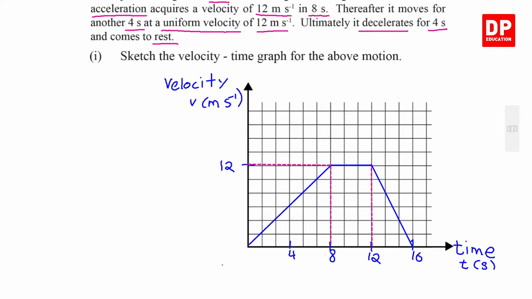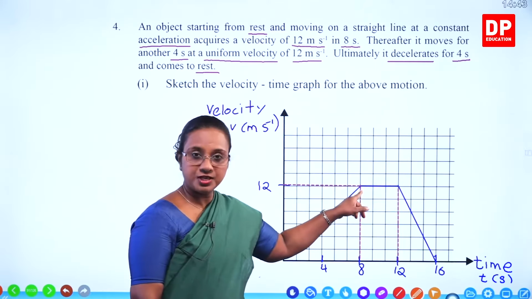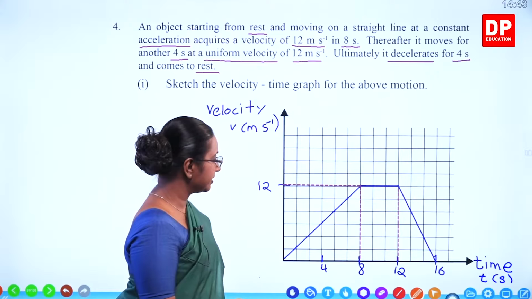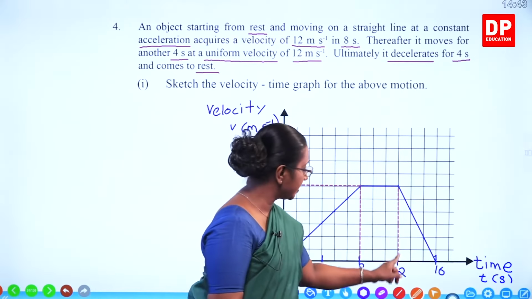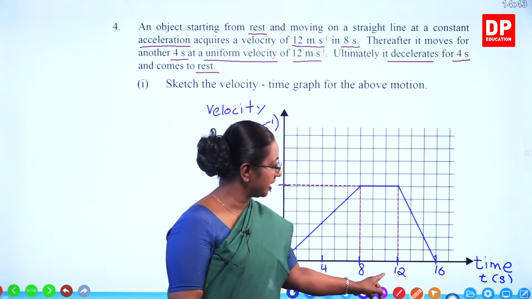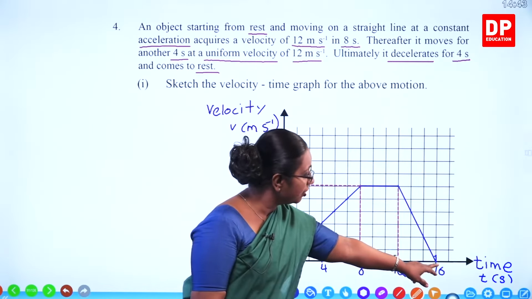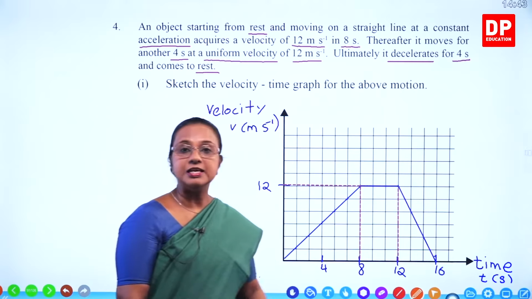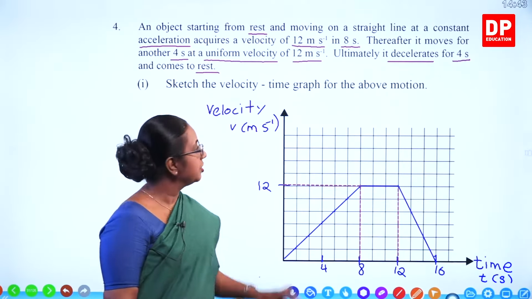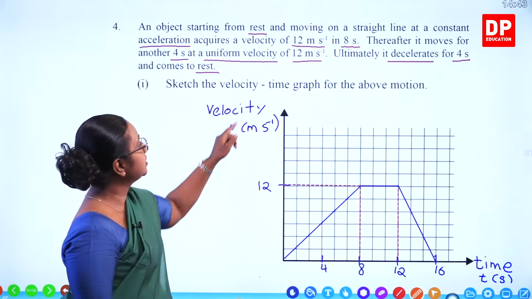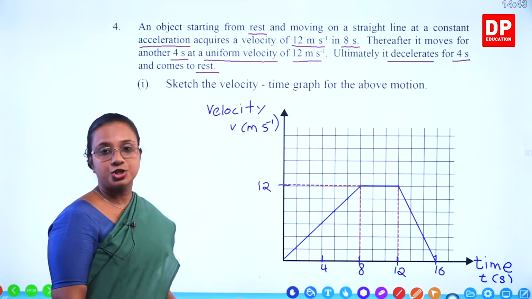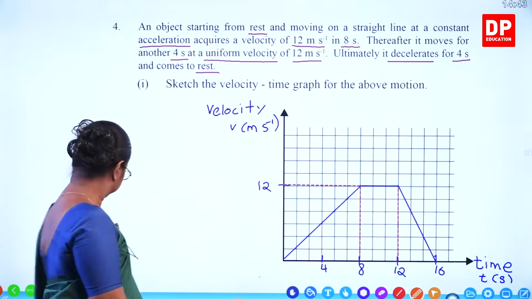Initially starting from 0, the object reaches a velocity of 12 meters per second, moves with the same velocity for another 4 seconds, and finally decelerates and comes to rest within the last 4 seconds. So this is the velocity time graph for the motion of this object.